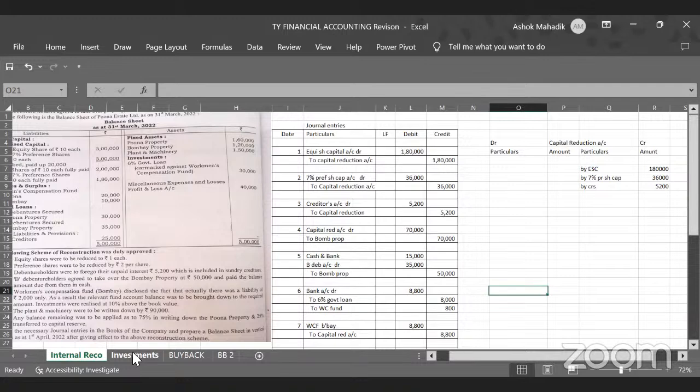Need for reconstruction of company. And last one on this chapter, difference between internal and external reconstruction of companies.